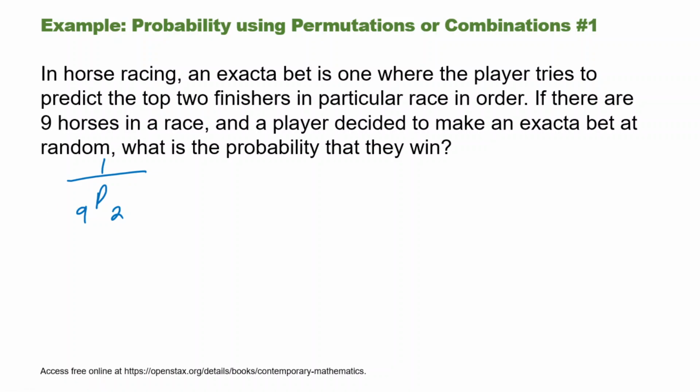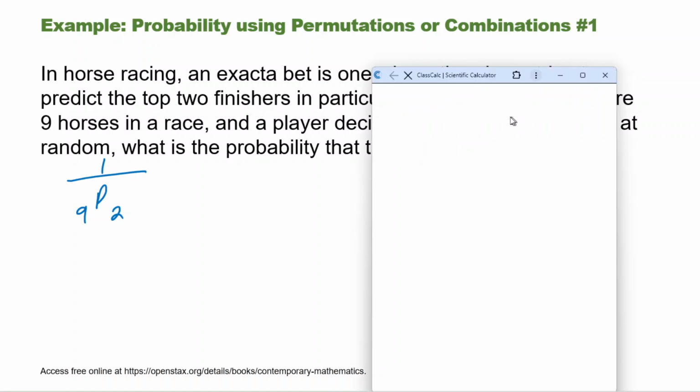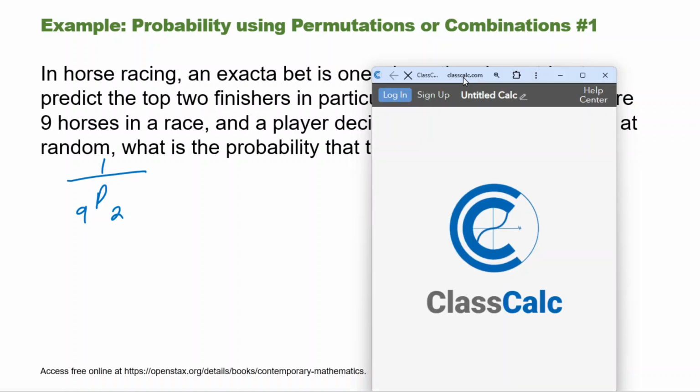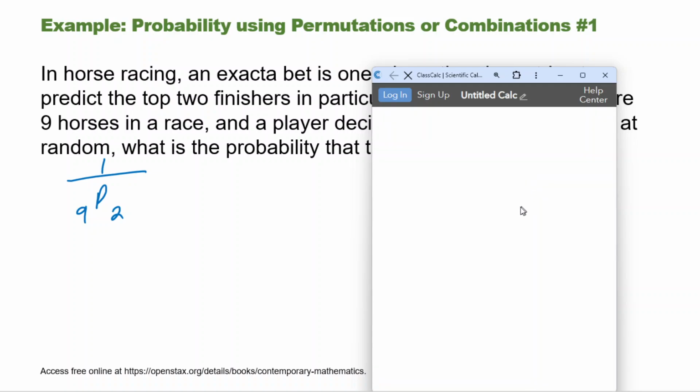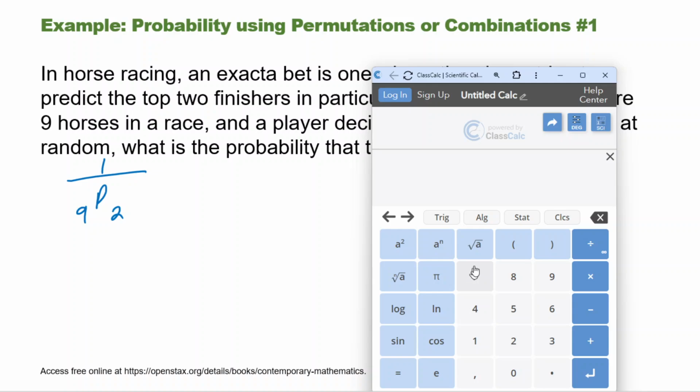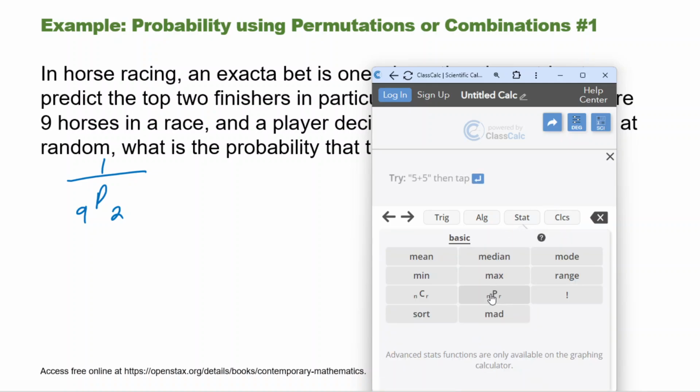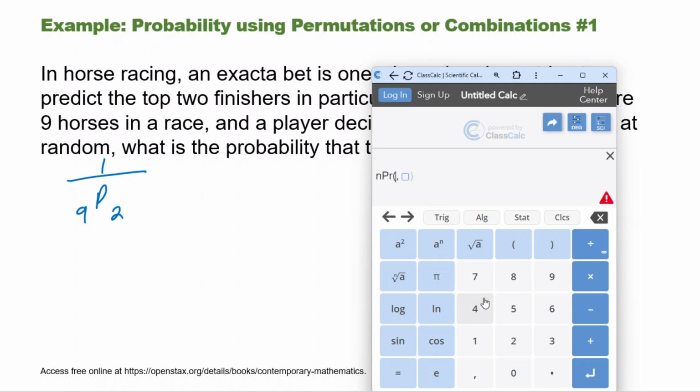Now when I pull my calculator up, I'm going to calculate one piece of this at a time. I'm pulling up class calc here on my screen. Remember, we can press stat and then nPr from your scientific calculator page to get nPr 9, 2, which is 72.